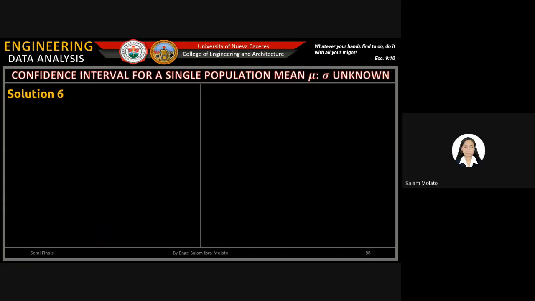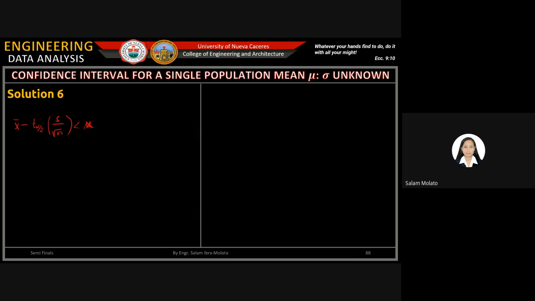So, next slide tayo. Let me write now the formula. We have x bar minus t alpha over 2 times s over the square root of n, that's the lower limit.